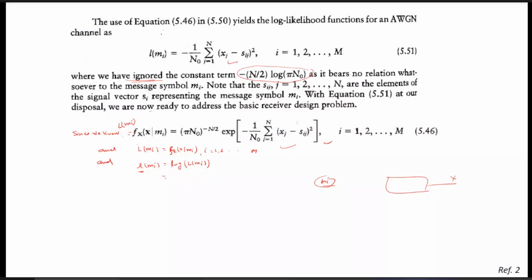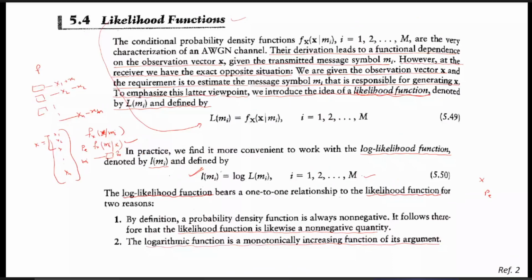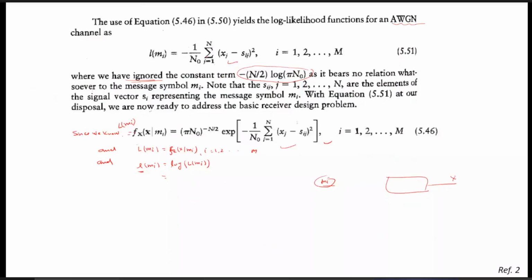So now, knowing the basic concept of how the likelihood function is defined, how the log likelihood function is defined, and how we can define the log likelihood function specifically for the AWGN channel, which is this expression, we can now move to the maximum likelihood decoding technique.